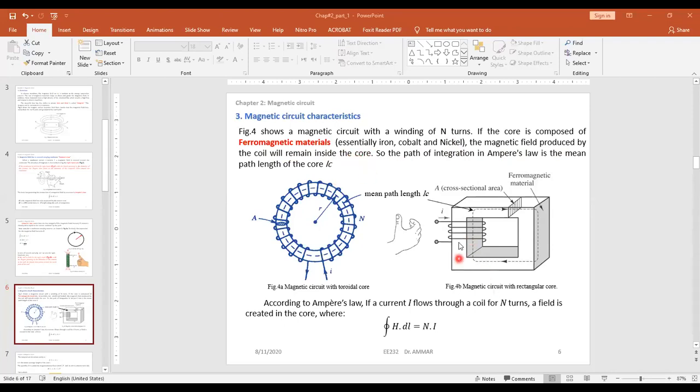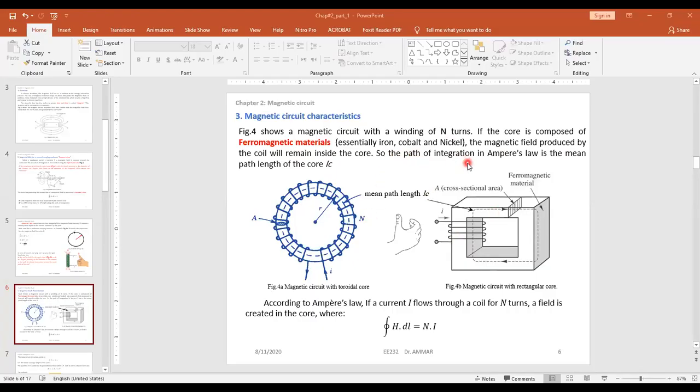Because the magnetic field will be displaced in the core faster than in the air, and in the air it will deform the shape of the magnetic field. So in order to keep the maximum of the magnetic field displaced, we have to use this iron core.